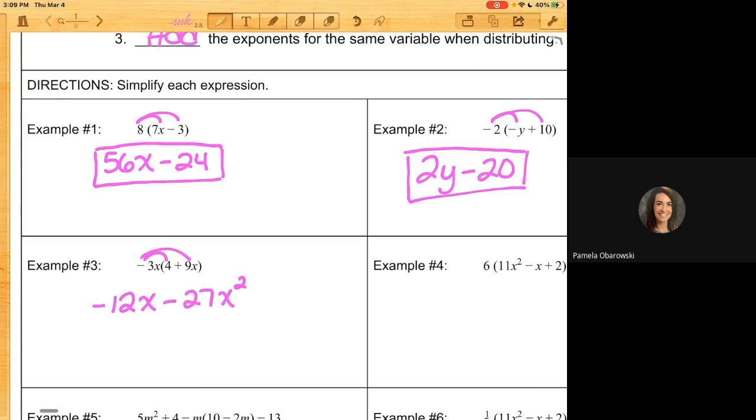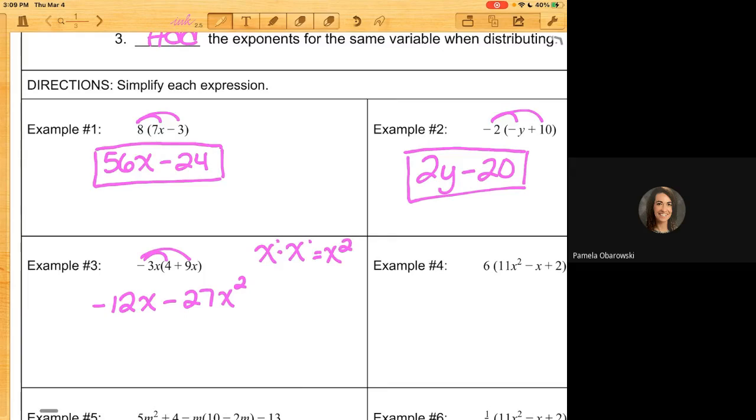Now let's talk about that for a little bit. I multiplied the -3 and the +9, and I got -27. Then I multiplied x by x, and I got x squared. The reason for that is x times x is actually x to the first times x to the first, and I add those exponents to get x squared.